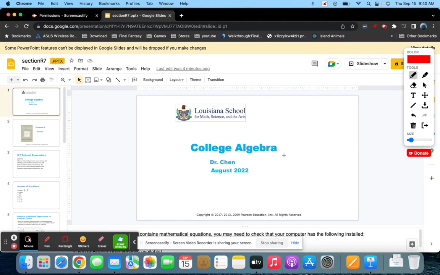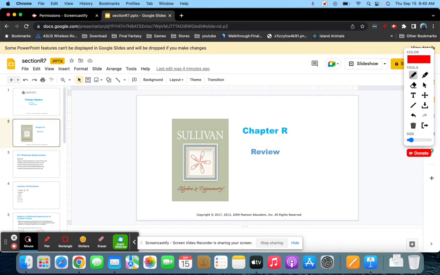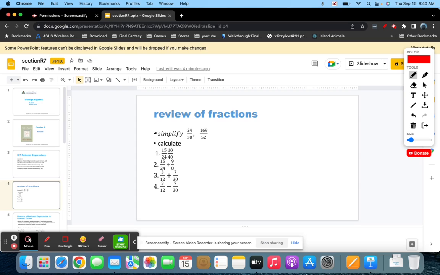All right, so let's see this first slide. All right, so this is basically reducing. Okay, 15/24 times 18/24. Well, that would be divide the first one by 3. That'll be 5/8 times, divide the next one by 2, and you get 9/20.